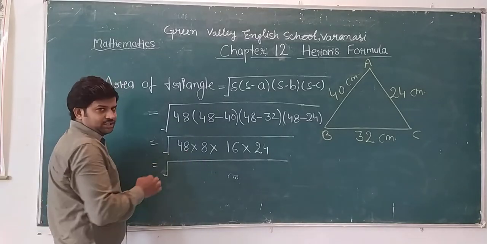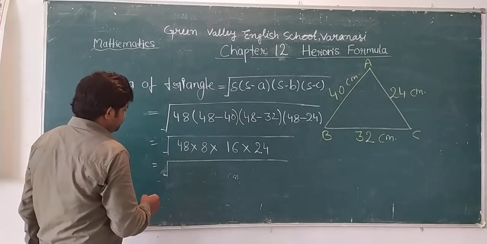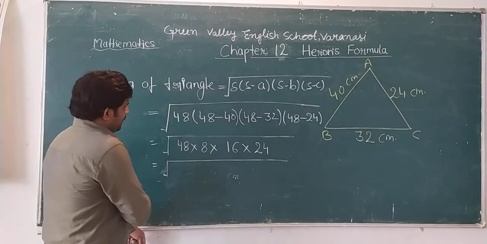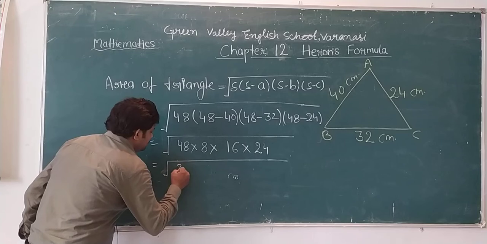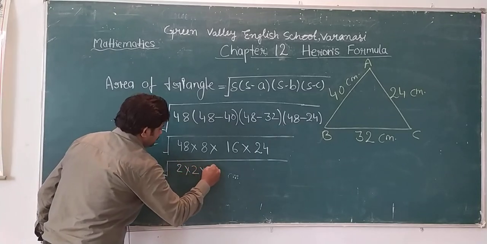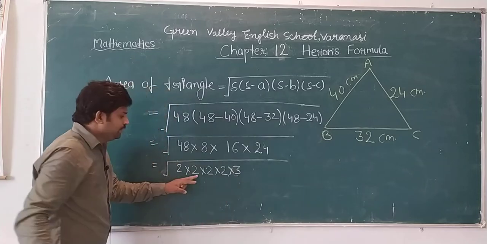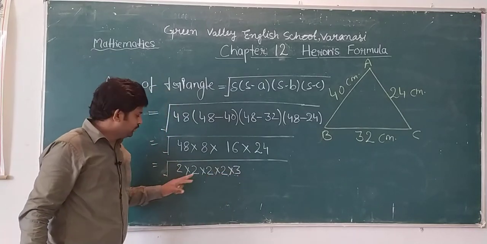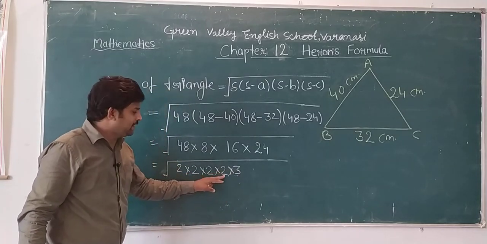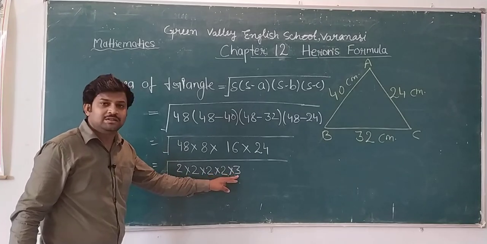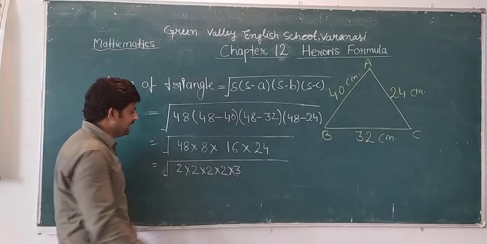Here 48 we can write as 2 into 2 into 2 into 2 into 3. 2 2s are 4, 4 2s are 8, 8 2s are 16, 16 3s are 48.